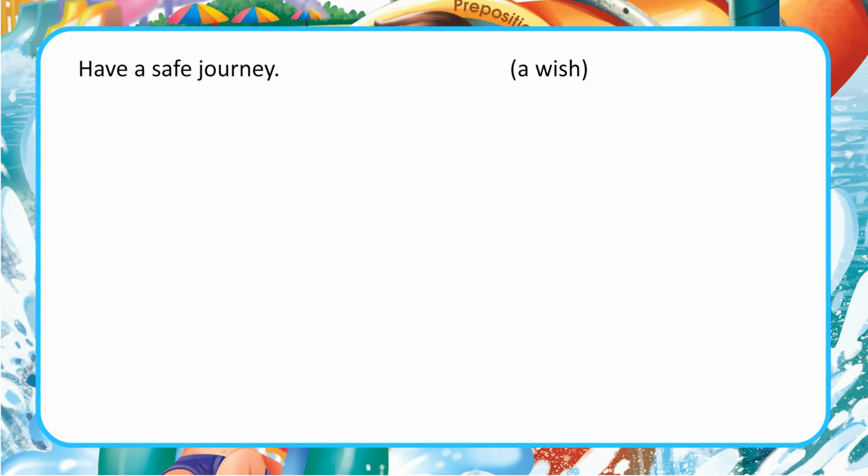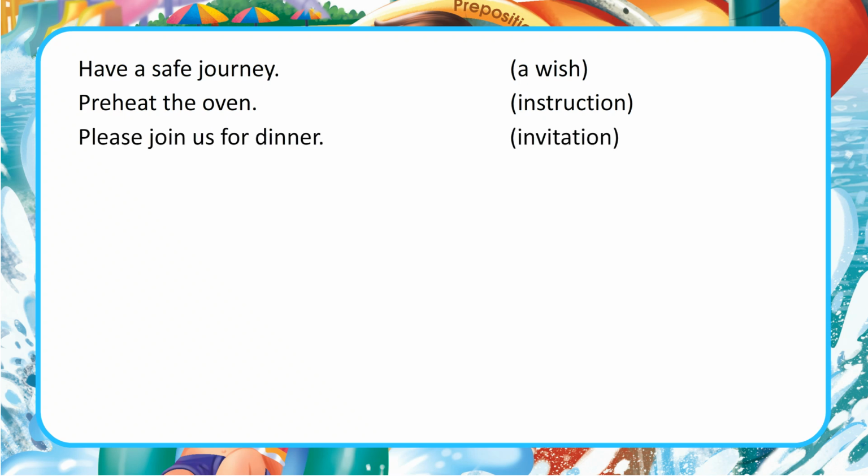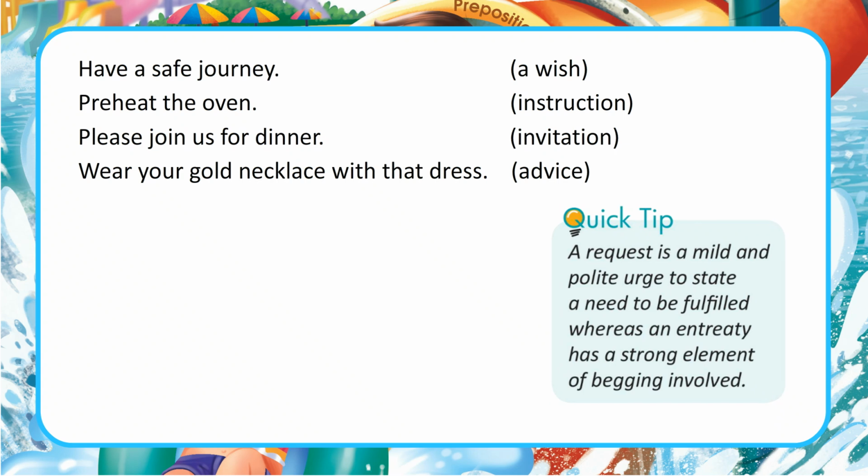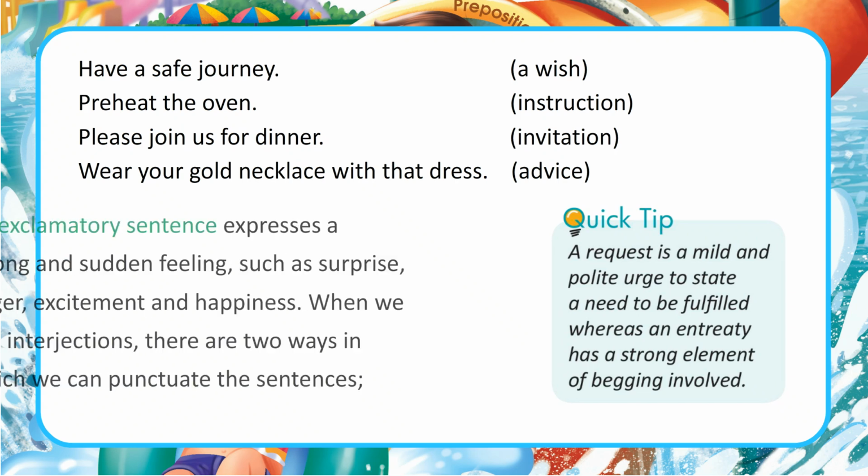Have a safe journey. A wish. Preheat the oven. Instruction. Please join us for dinner. Invitation. Wear your gold necklace with that dress. Advice. Quick tip. A request is a mild and polite urge to state a need to be fulfilled, whereas an entreaty has a strong element of begging involved.